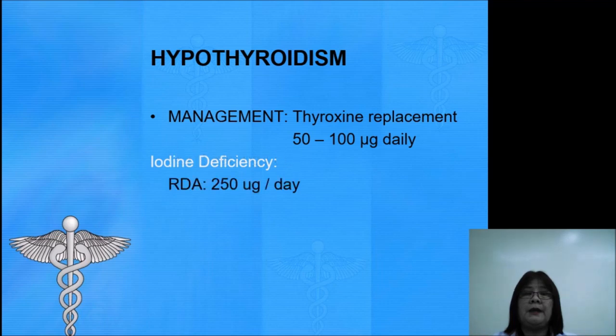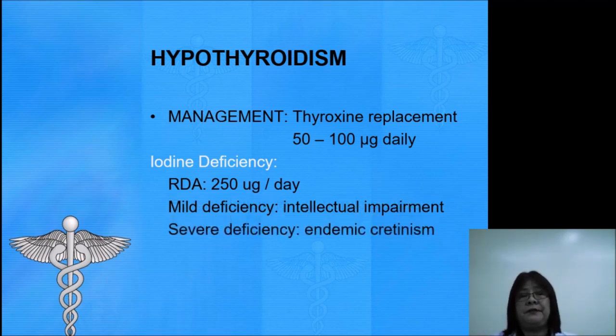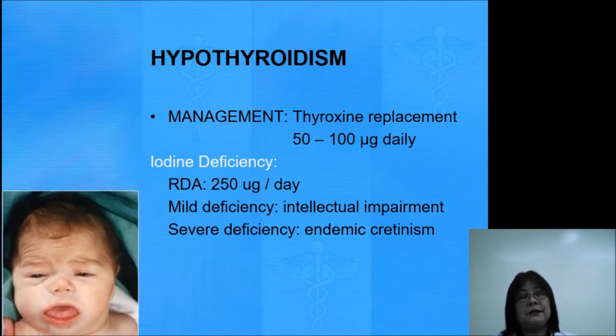And if it is secondary to iodine deficiency, you have to give 250 micrograms per day of iodine. In mild iodine deficiency, the baby will usually present with intellectual impairment. If it is severe, your baby will present with endemic cretinism. This is a picture of a baby with endemic cretinism.